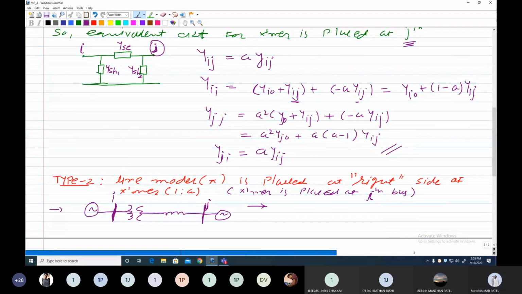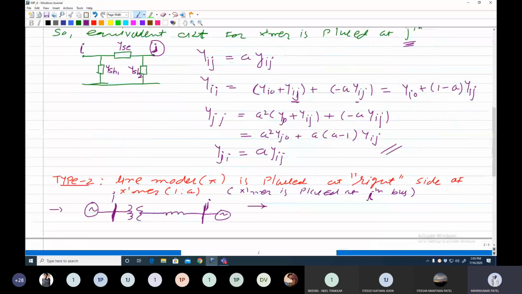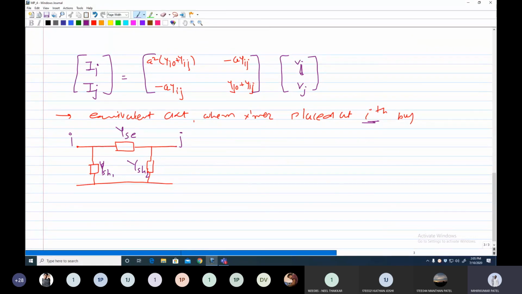Help me write down the next equation while considering the transformer at the ith bus. Similarly, we have to write it for type 2, starting from Yij. What is the value of Yij? If we are comparing these two types, A into Yij.